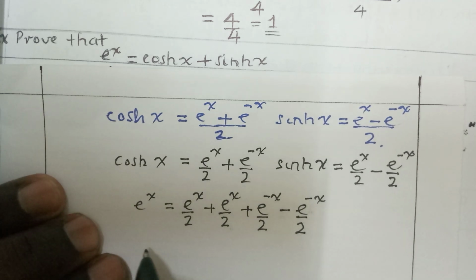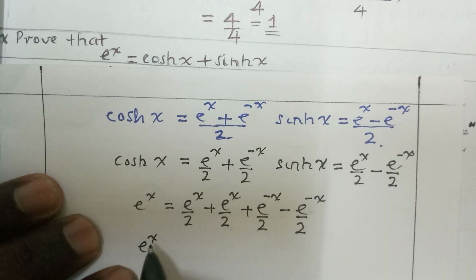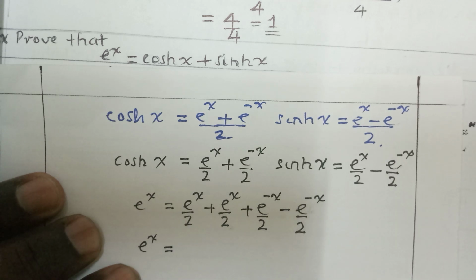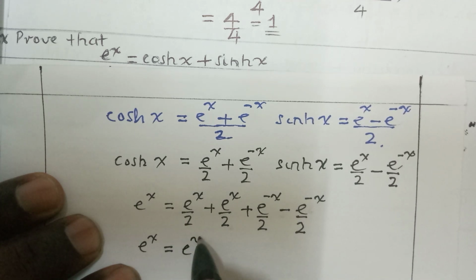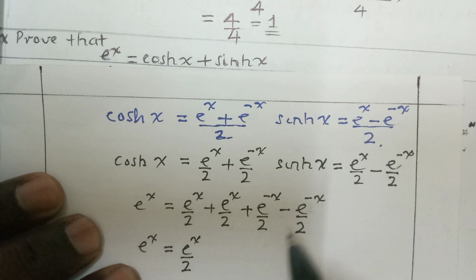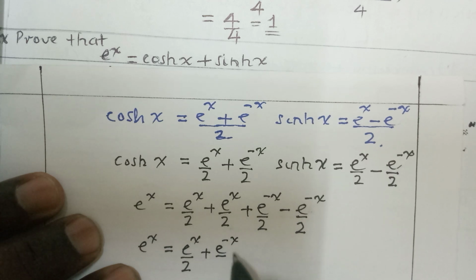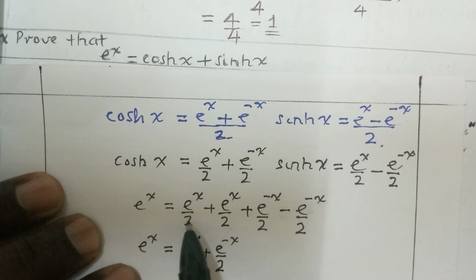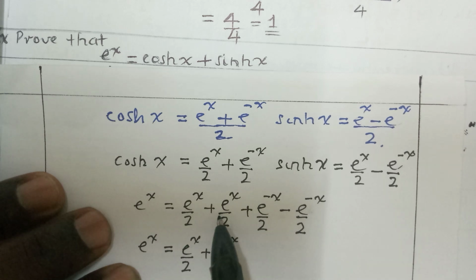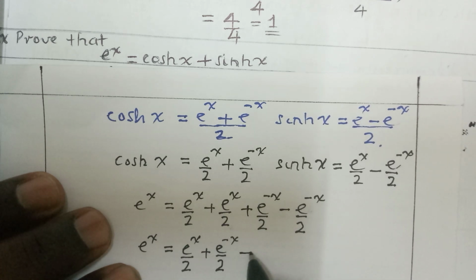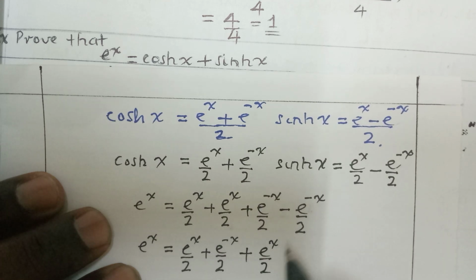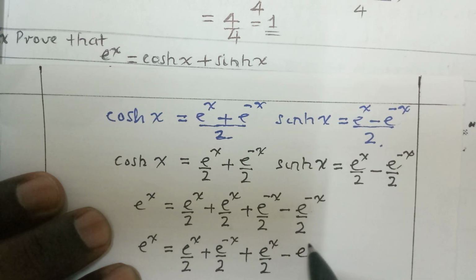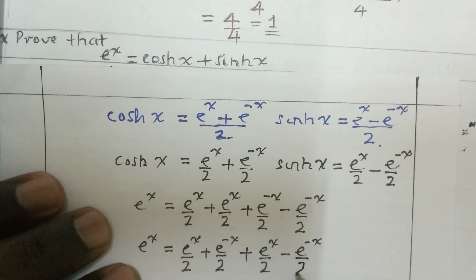Now after that, we can say e raised to x is equals to, we can now group them. We group this one and that is e raised to x all over 2 plus e raised to negative x all over 2, can group that, and then we group that and that. So this will be plus e raised to x all over 2 minus e raised to negative x all over 2, like that.